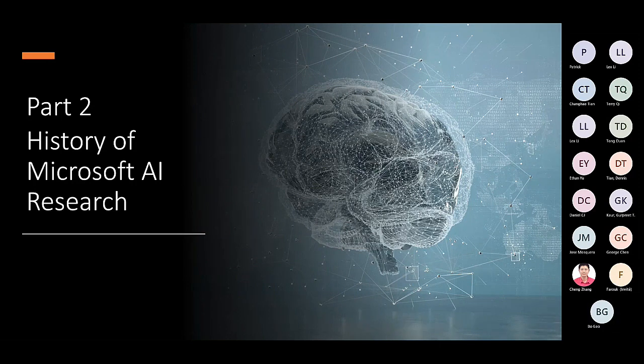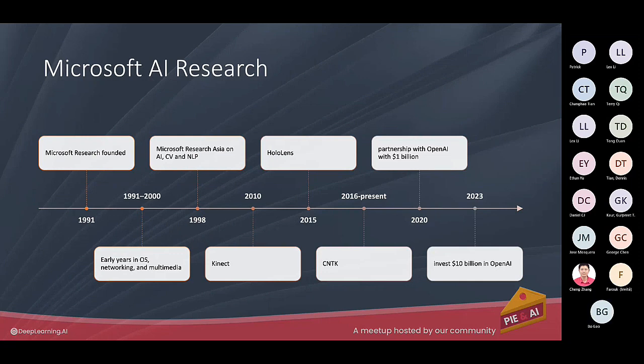And then in 1991, Microsoft started to set up its own research department in order to fund certain technology required by its Windows and DOS operating systems at that time, as well as the Microsoft Office suite of software.